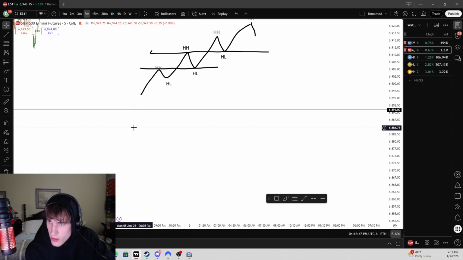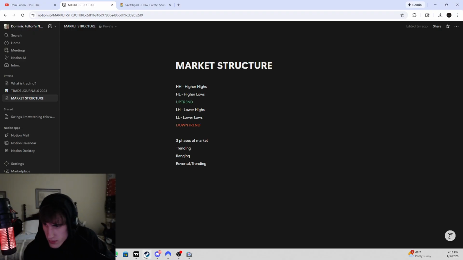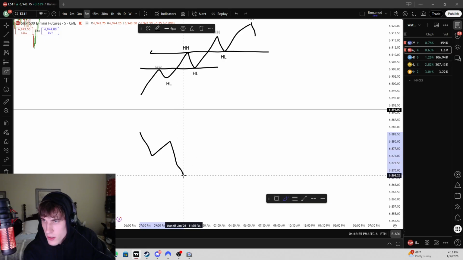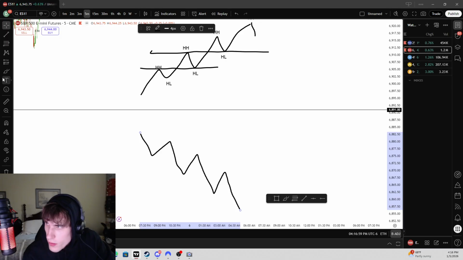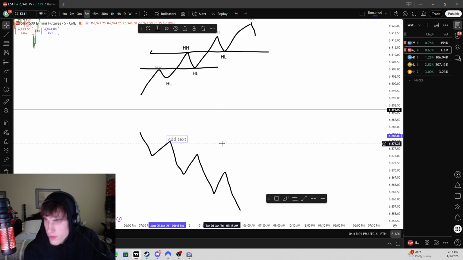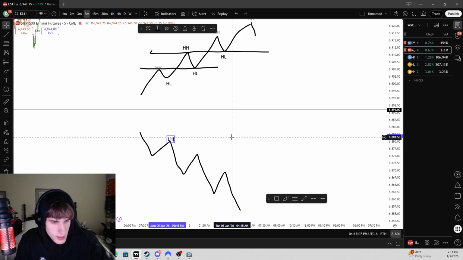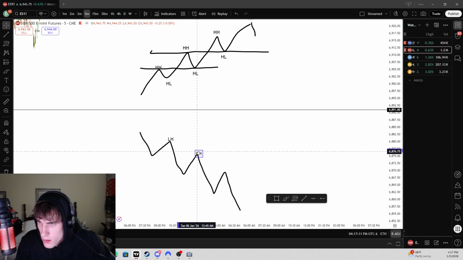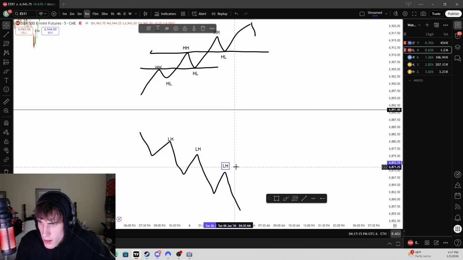Same thing for a downtrend. So what I told you right here, I'm just putting it on the chart so you can get a better visualization, because I'm a visual learner. But yeah. So in this market, what do we have? Say it with me now. Lower highs. Okay, so we got a lower high here, here, and here.